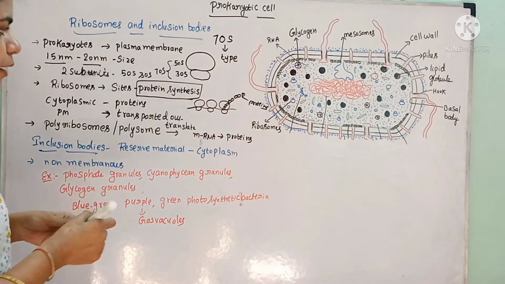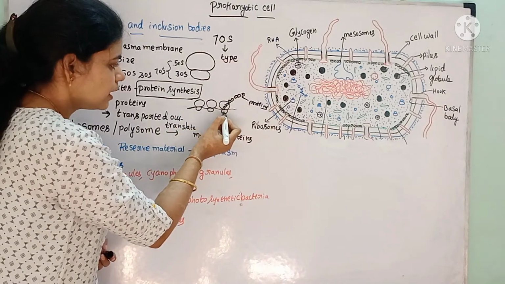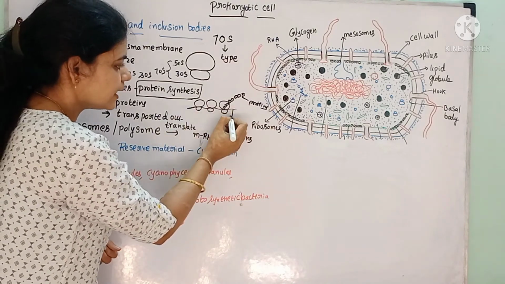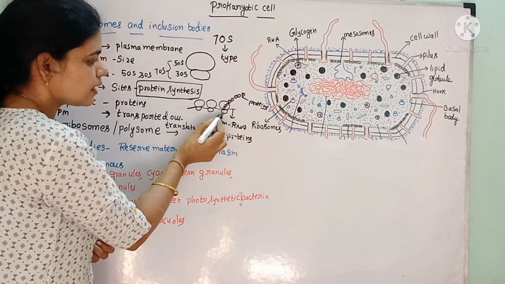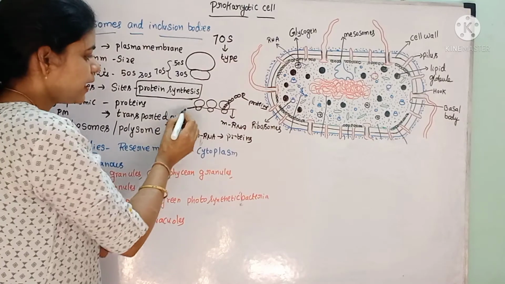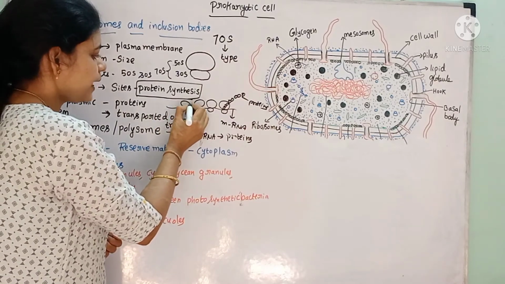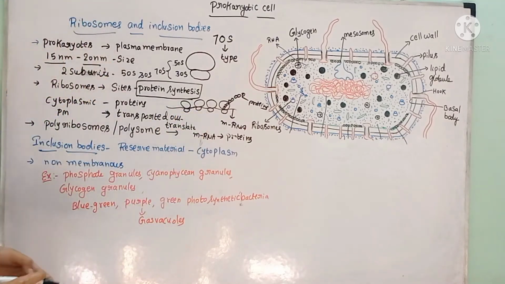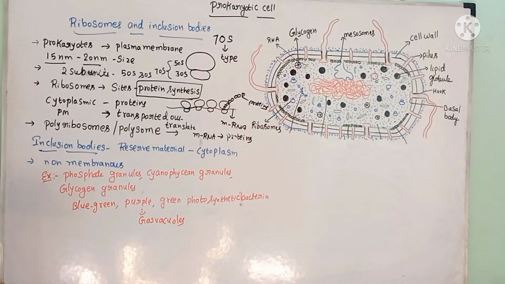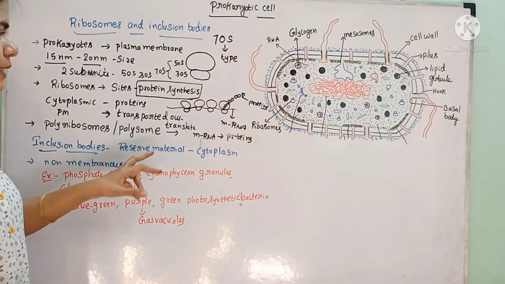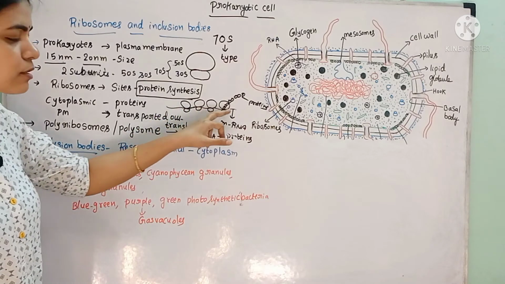Several ribosomes are attached to a single mRNA. See, these are the several ribosomes. They are attached to a single mRNA and form a structure called a polyribosome or polysome. See here, this is a polyribosome or polysome. This chain is called the mRNA.